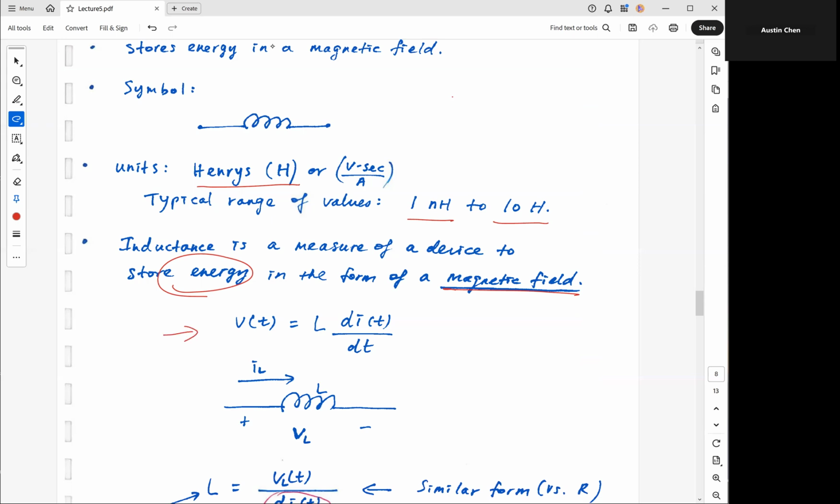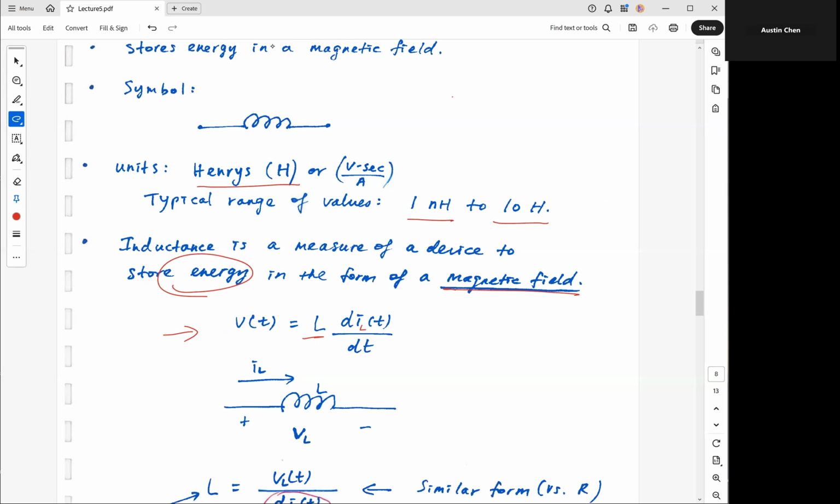What we see here is that we can use this equation V of t, which is equal to L times dIL over dt. IL is the current passing through this inductor, and VL is the voltage drop across this inductor.